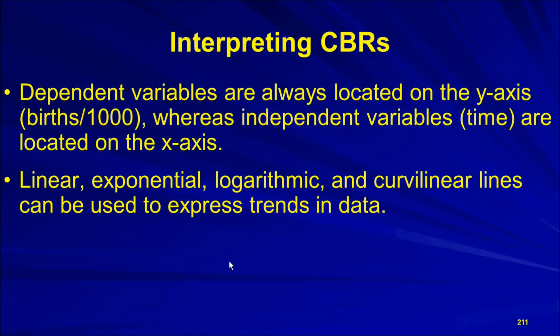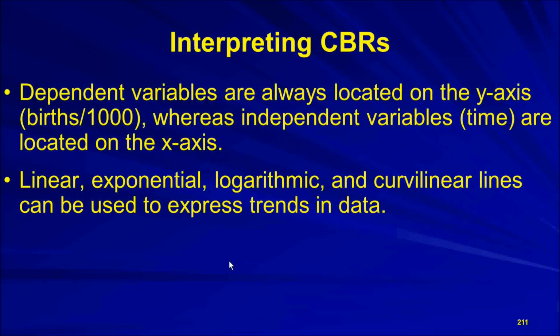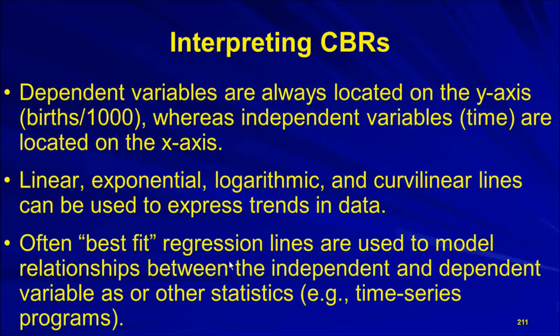Okay, and we talked about the various types of graphics that we have, and the trends that we have, and ours in this case would be described more as a curvilinear trend. And let me go back and show this to you real quickly. That's not a straight line, that's a curve, so hence we call it a curvilinear trend.